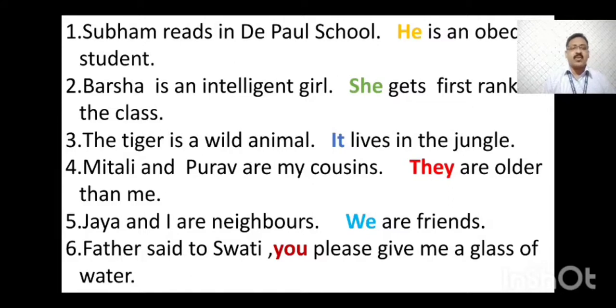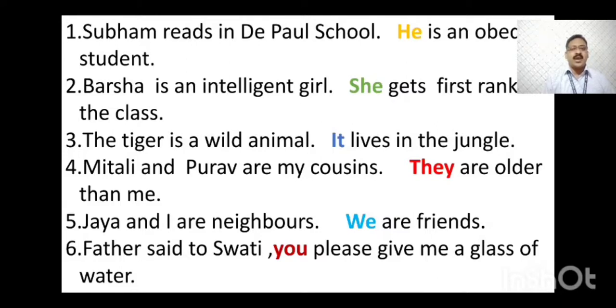They are older than me. So they is the pronoun used for plural nouns. Here the plural nouns are Mitali and Purab. Two names are there. So instead of writing again Mitali and Purab, I have written they, the pronoun in place of the nouns Mitali and Purab.